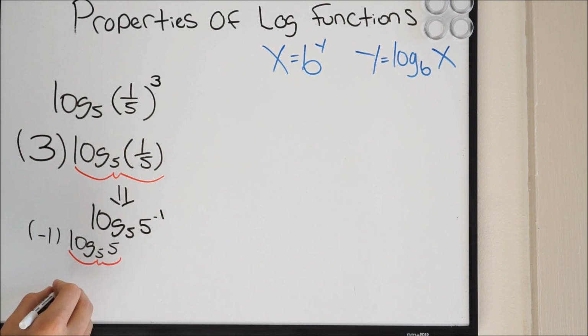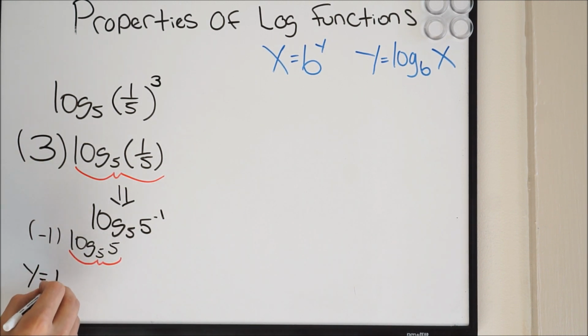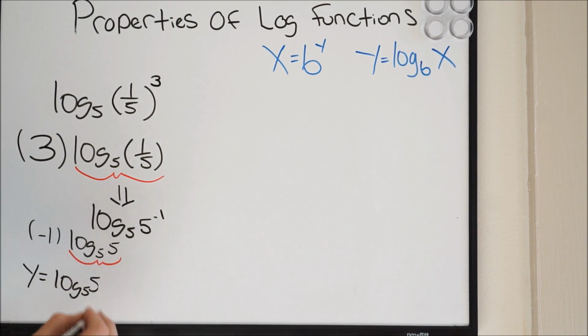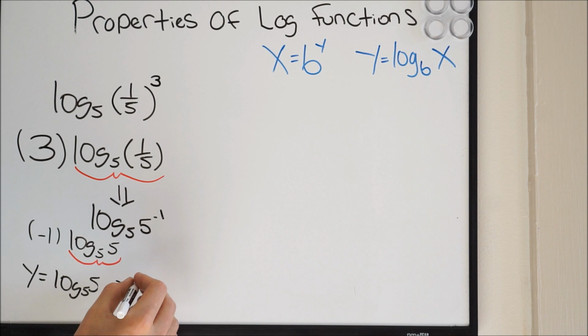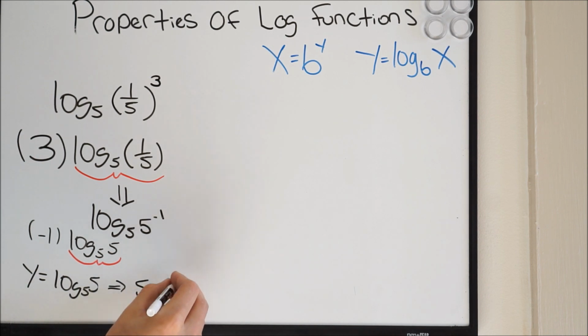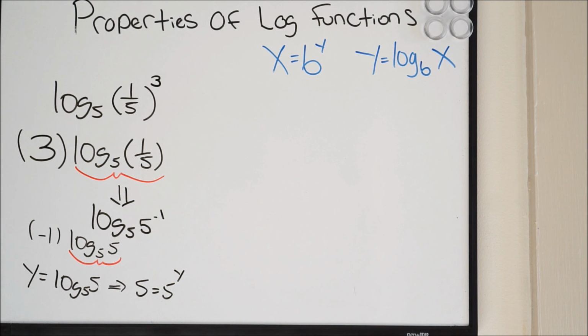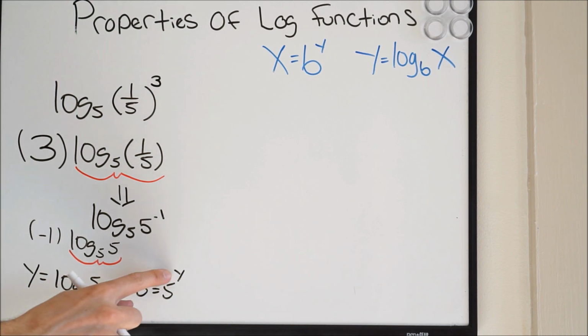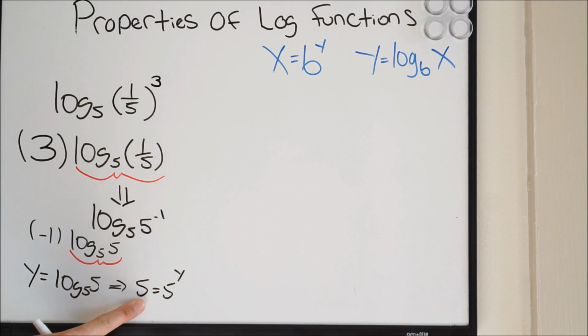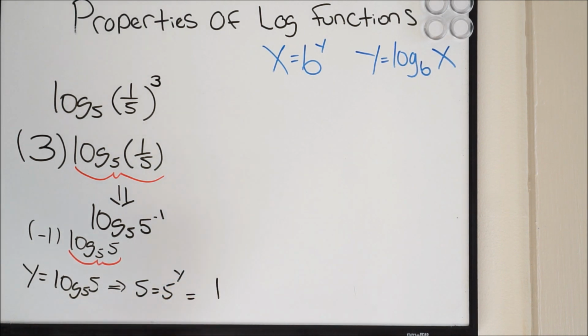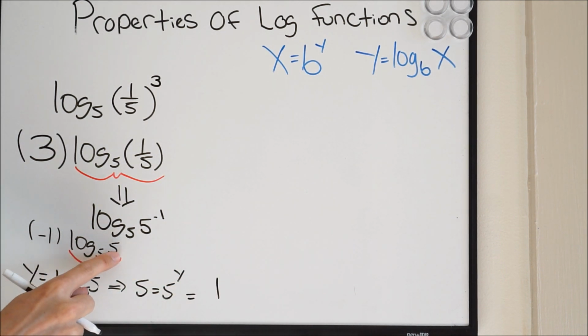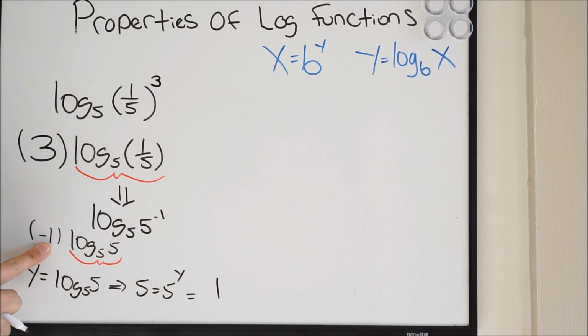This guy right here can be written as y equals log base 5 of 5, and in exponential form we get 5 equals 5 to the y. Now we say to ourselves, what number do I need to plug into y here in order to get this to equal 5? Well, this is simply going to be 1. So log base 5 of 5 is 1. Now multiply by -1, so we get -1.